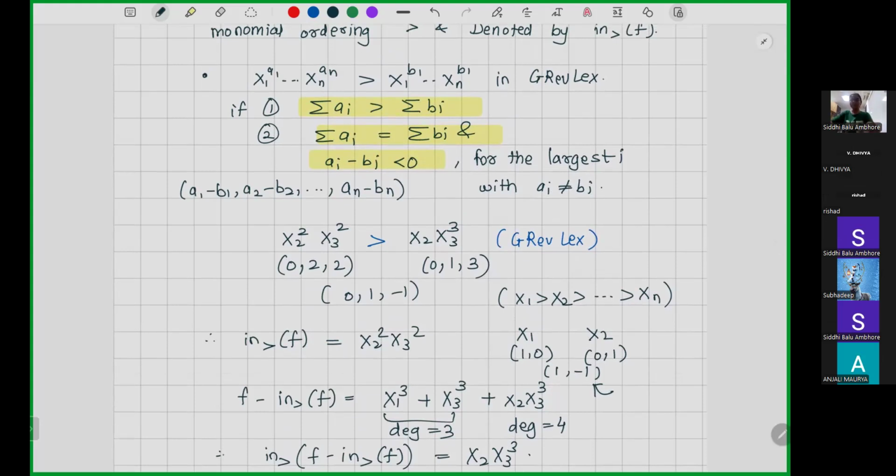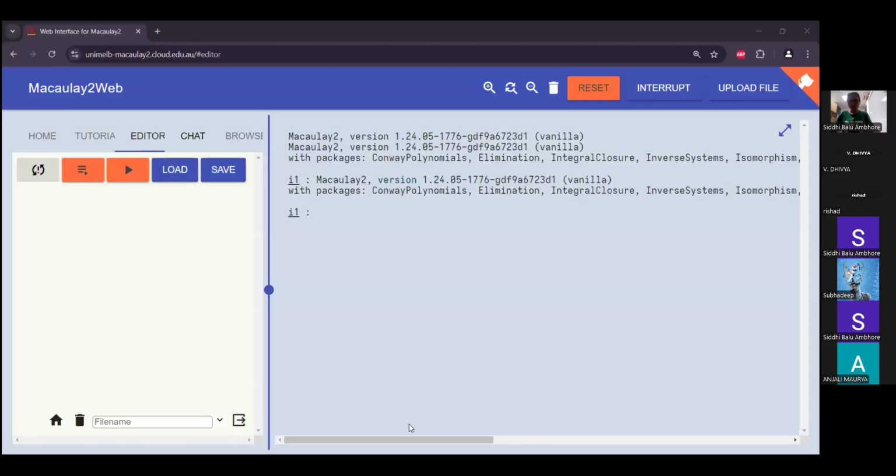Okay, and let me show you how to define this leading term in Macaulay 2. Let me share my screen. Can you all see this screen? Macaulay 2 screen? Yes, okay.